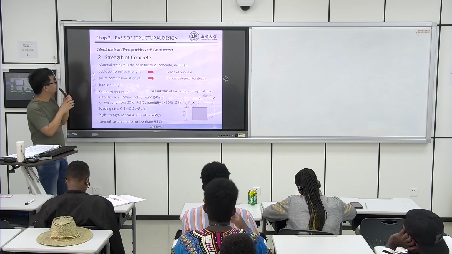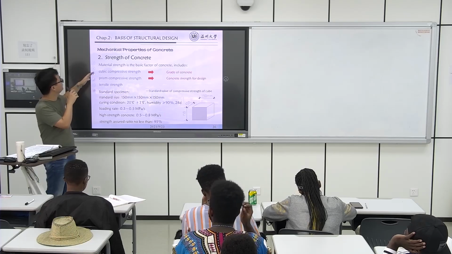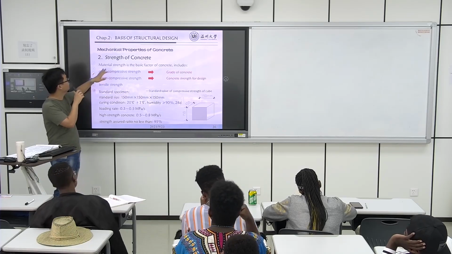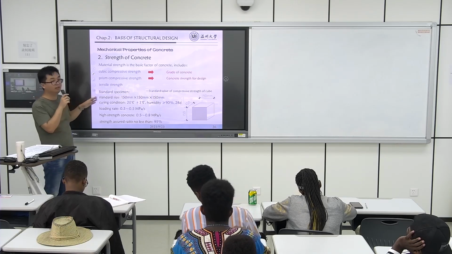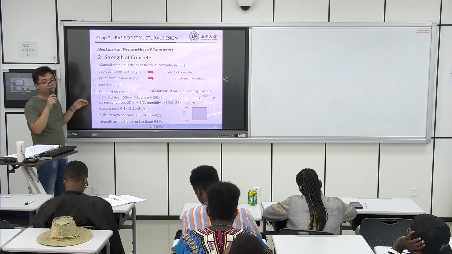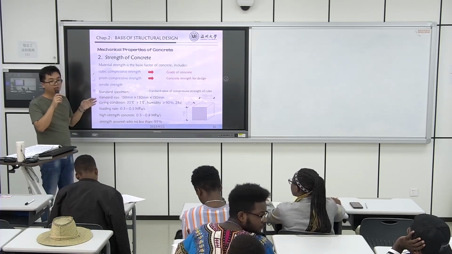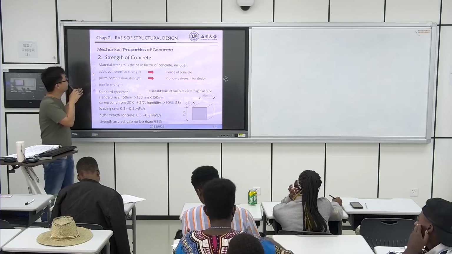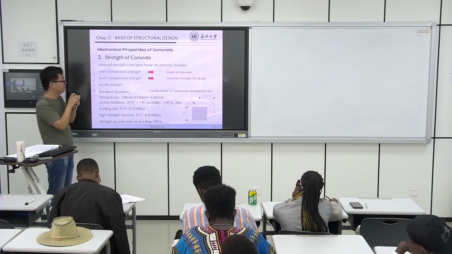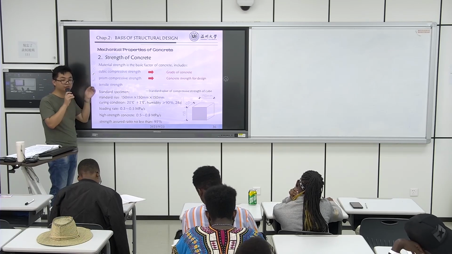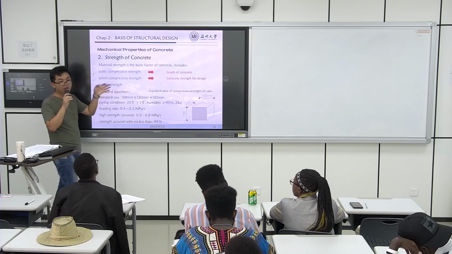Here we come to the mechanical properties of concrete, the second section, the strengths of concrete. Someone may not know the strengths of concrete, but here we will learn academically what the concrete strengths are. There are three important strengths about concrete.